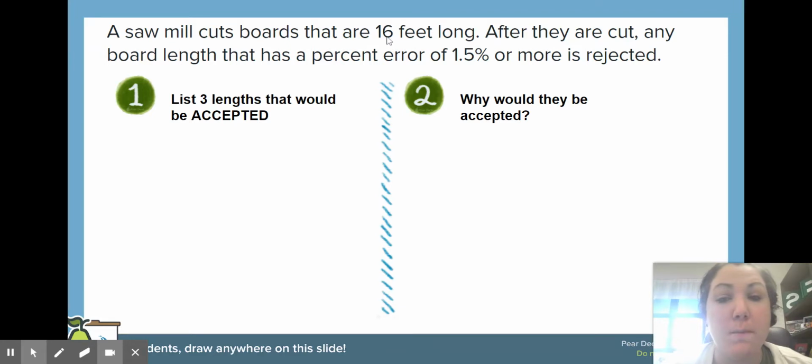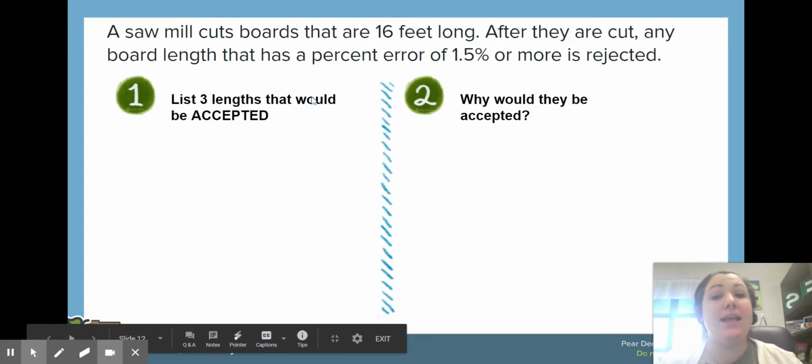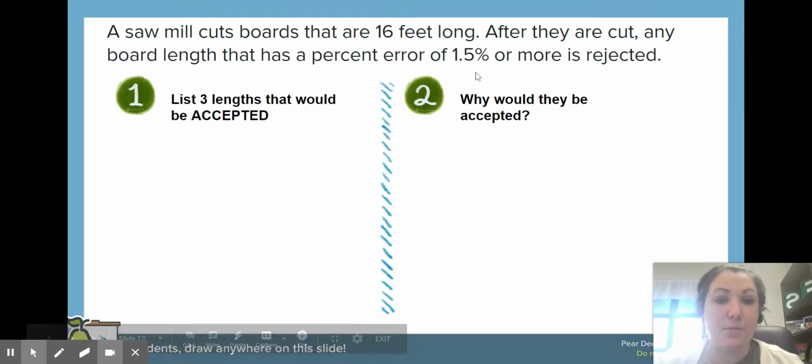You could put 17 feet, 17 and a half feet, and 18 feet, because all three of those lengths are within that 3 feet. You could also put 15 feet, 14 feet, or even 13 and 75/100 feet, so 13.75 feet, because all of those are within 3 less than 16 as well.